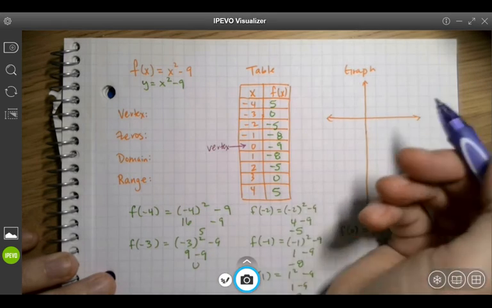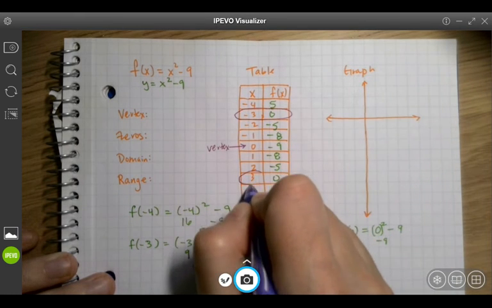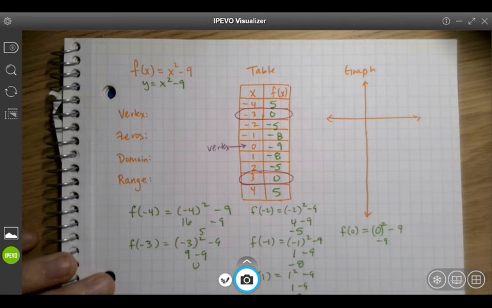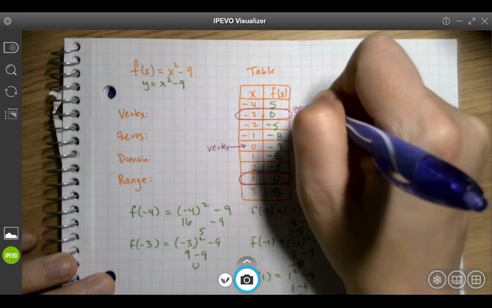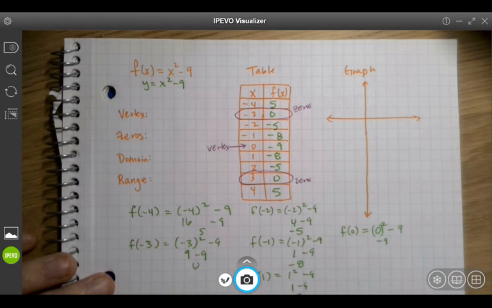And then the zeros are going to be where the output is 0. We're going to see that on the graph too in a second. Parabolas never have more than 2 zeros. Sometimes they have 1 zero, and sometimes they don't have any real zeros, but they can't ever have more than 2. They can have 2, 1, or 0 zeros.